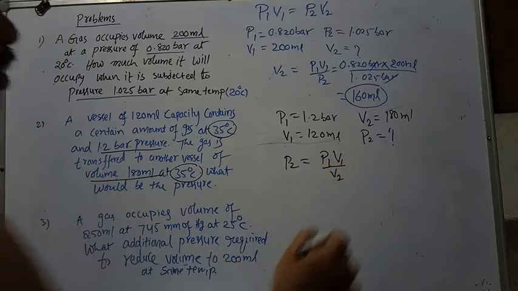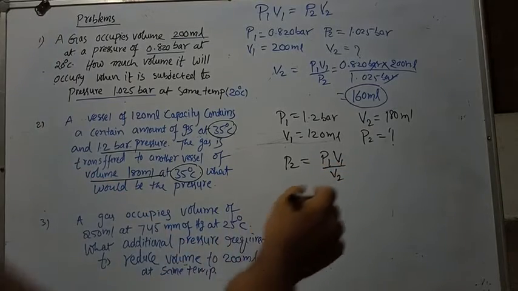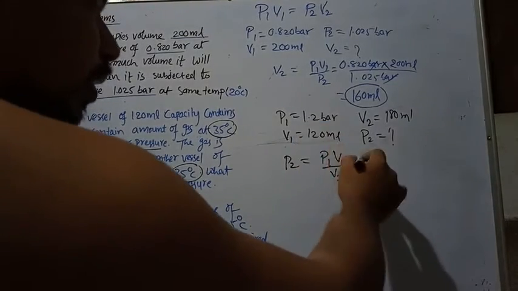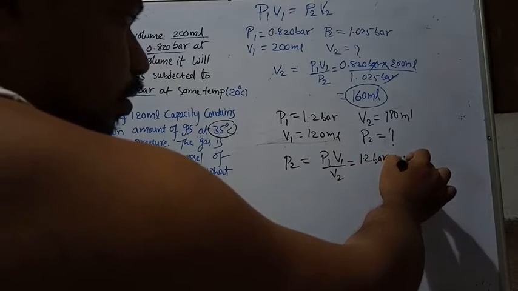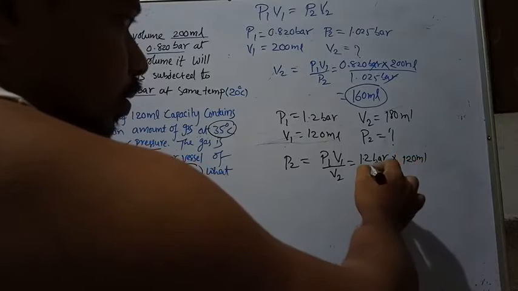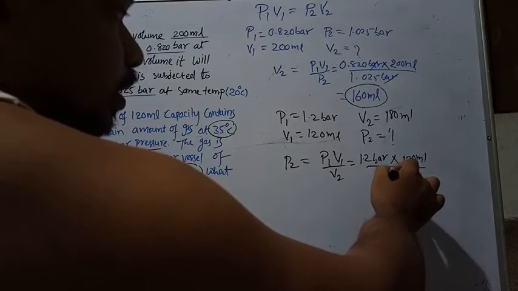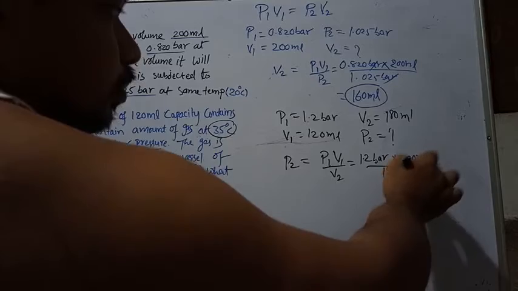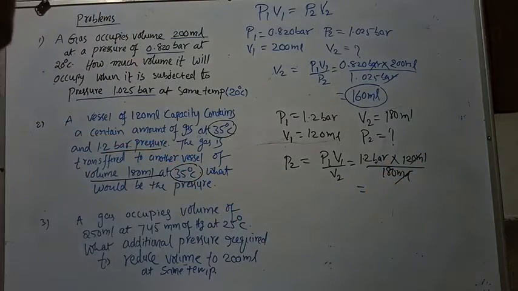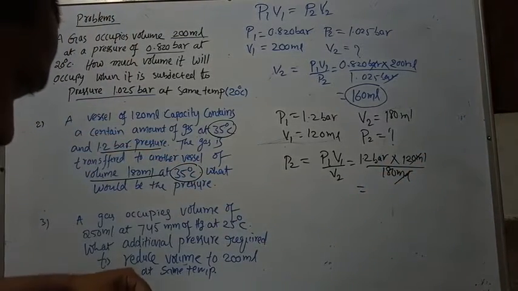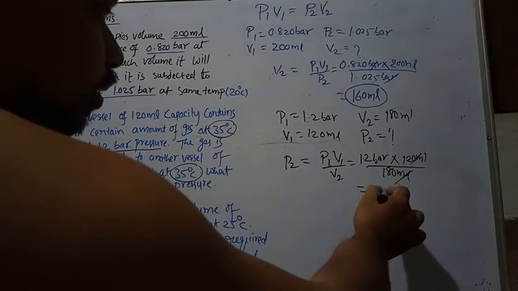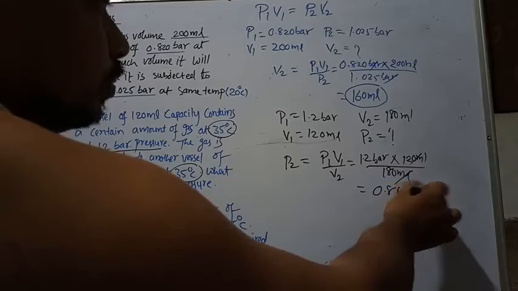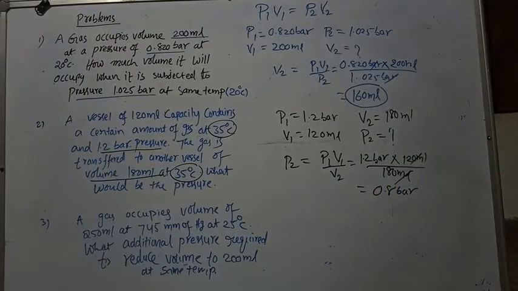Substitute those values along with units. P1 means 1.2 bar, V1 means 120 ml, V2 means 180 ml. After solving we get the value 0.8 bars. So just like they are asking that.